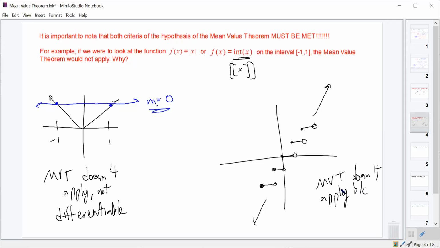It's discontinuous. It's not continuous, exactly. I think we could do a similar thing about checking to see if there was a place where it was true, but we don't need to bother with that. Just recognize that if it's not continuous or not differentiable on the interval, the mean value theorem doesn't apply.